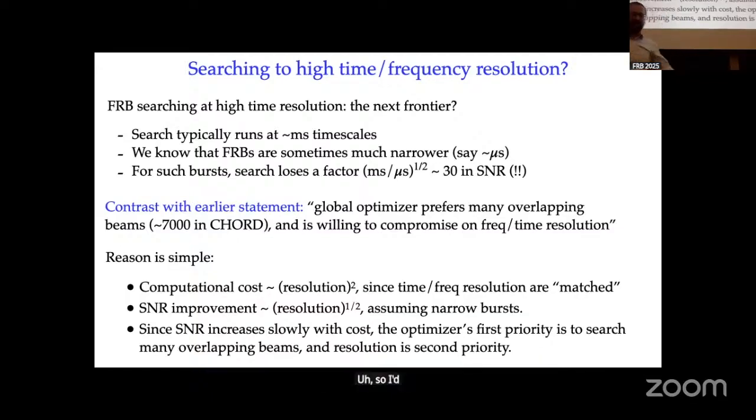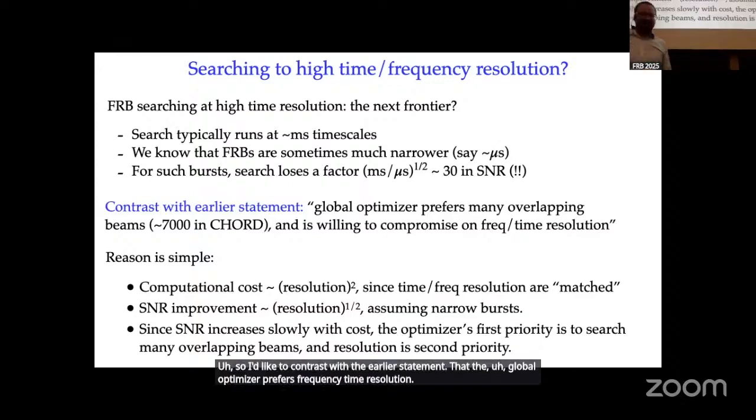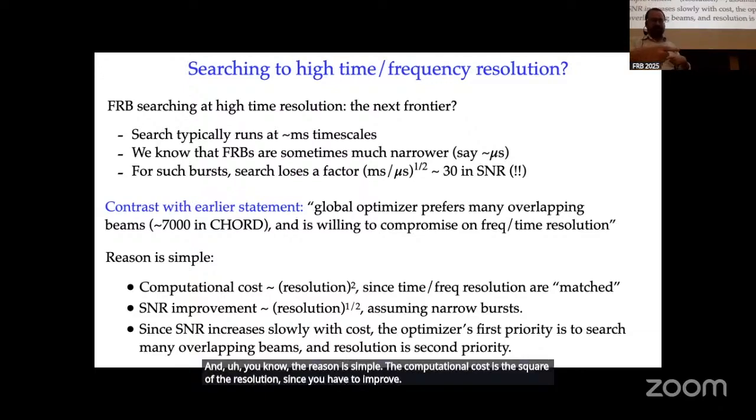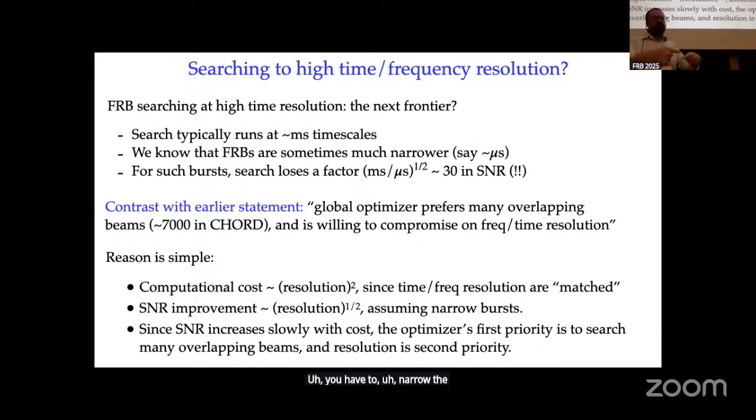So I'd like to contrast with the earlier statement that the global optimizer prefers frequency time resolution. And the reason is simple. The computational cost goes as the square of the resolution, since you have to narrow the frequency resolution at the same time that you narrow the time resolution at a fixed DM. Assuming a narrow burst, the SNR improvement goes as resolution to the 1/2.